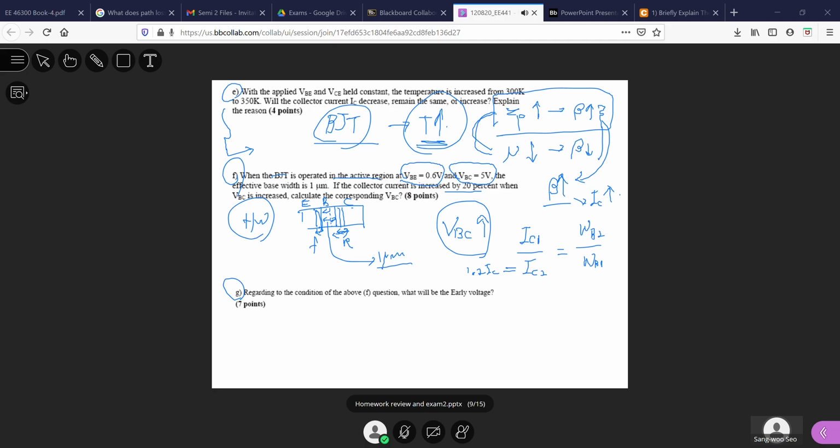And then the initial WB1 was 1 micrometer.